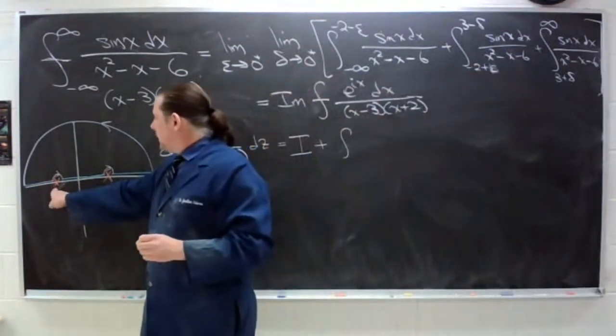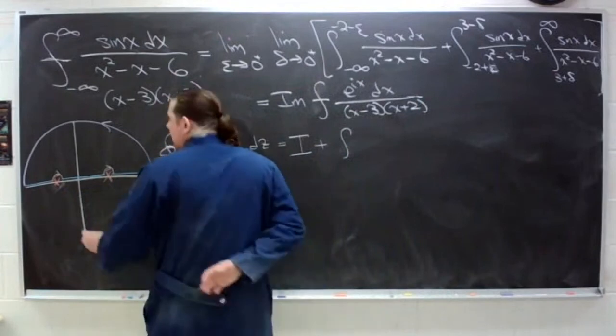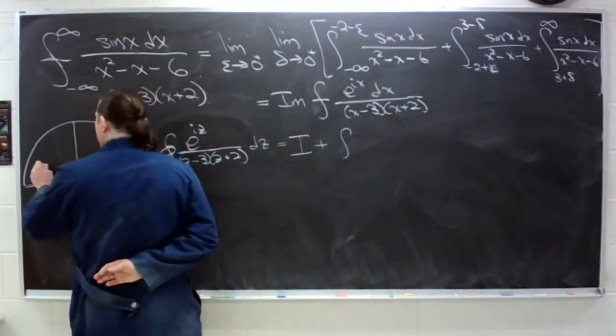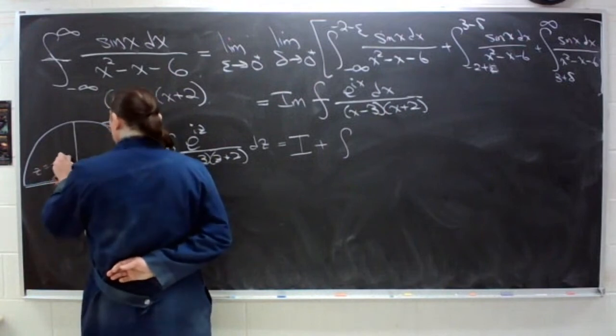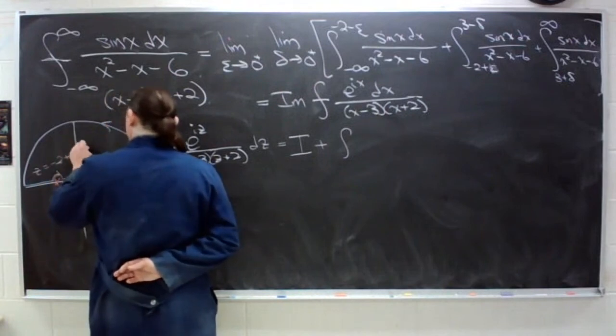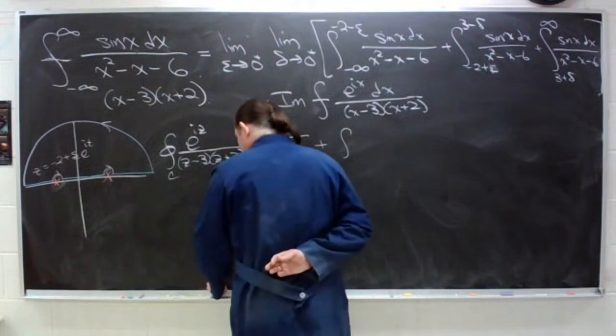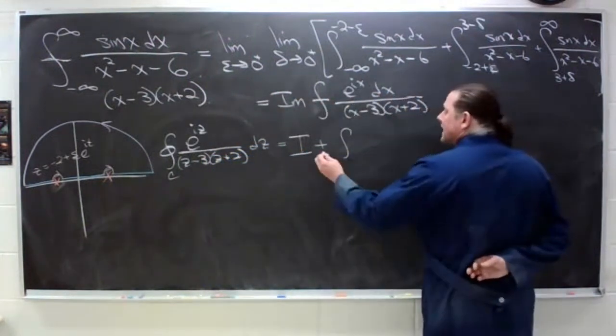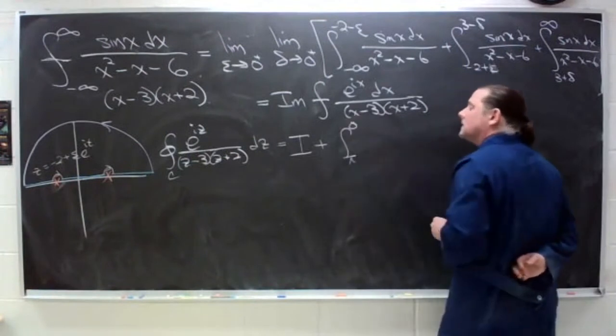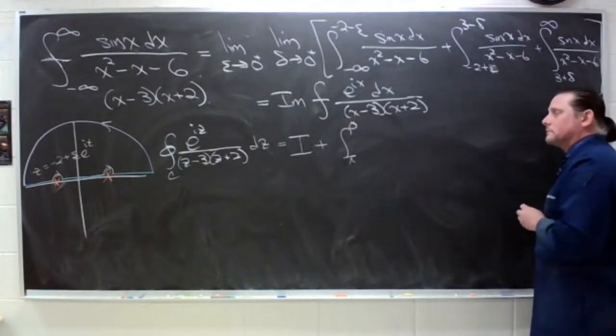Well, this first one sees z as negative 2 plus epsilon e to the it. t will go from pi to 0.